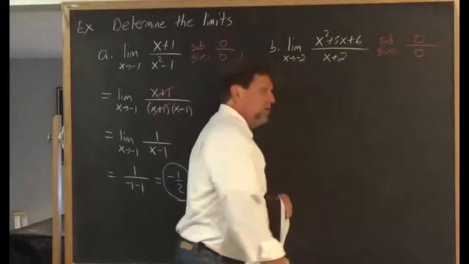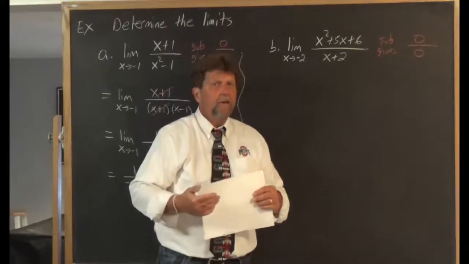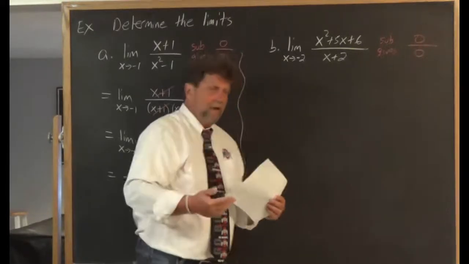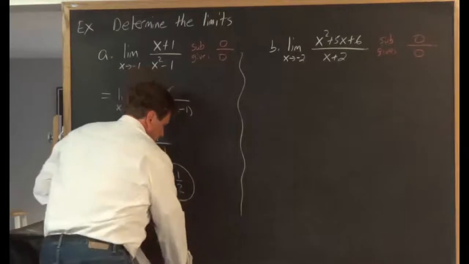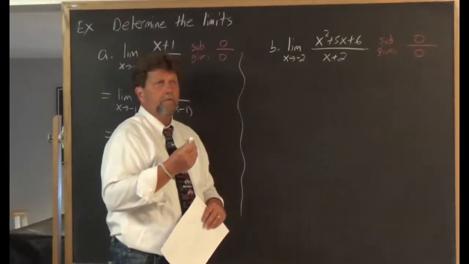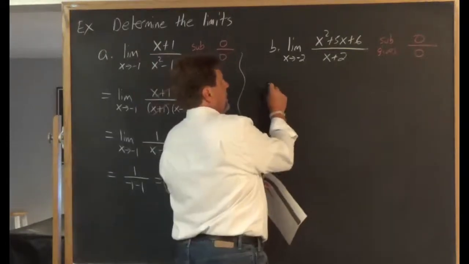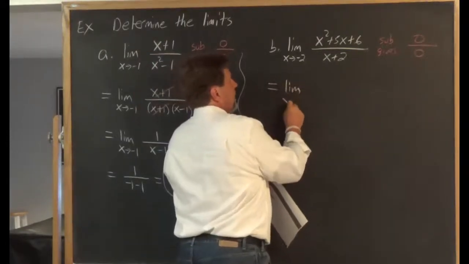So substitution gives us the indeterminate form 0 over 0. So that means we need some algebra magic. Most of the time we're going to factor. That's our algebra magic.